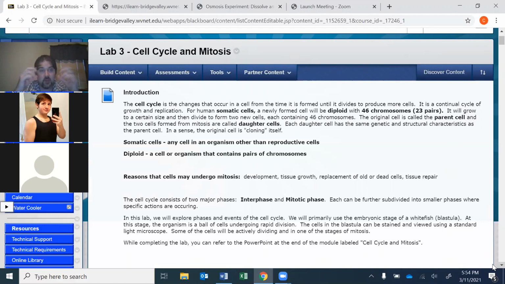A lot of what you see with mitosis is you're watching genetic information be divvied up between the two cells that are going to be formed. The cell that you start with is called the parent cell, and the two cells created from that one cell dividing are called daughter cells. Each daughter cell has to have the full book.